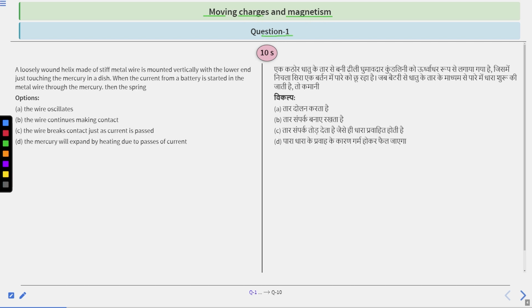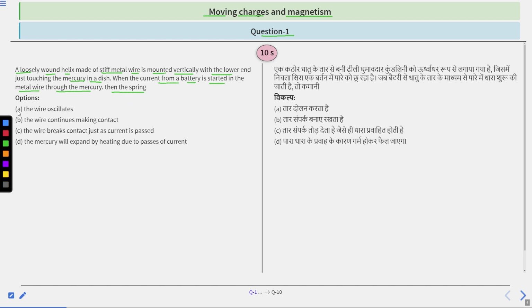Question first: a loosely bound helix made of stiff metal wire is mounted vertically with the lower end just touching the mercury in a disc. When the current from a battery is started in the metal wire through the mercury, then the spring is what?